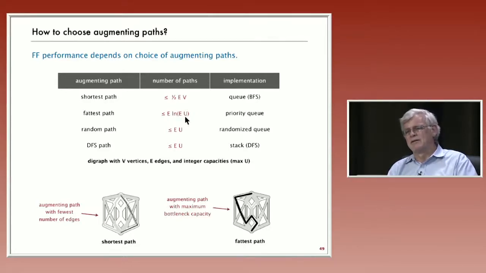But again, that's a very conservative upper bound, and in the real world, it might only take a few augmentations to compute a max flow using that method. Or you could use a random path, which again is easy to implement, randomized graph search, or depth first search.